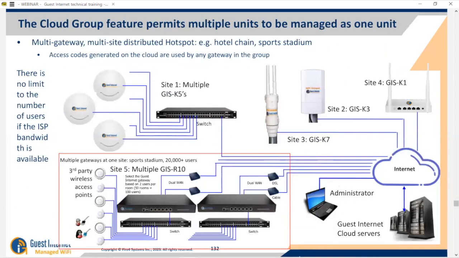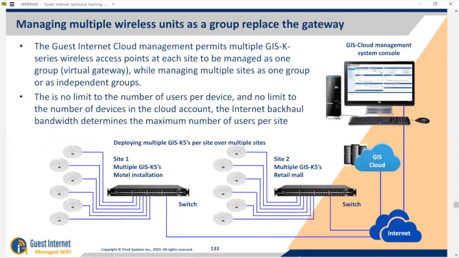Once the gateway is added to the cloud, they can be grouped, and so a business with multiple gateways can be managed centrally through one gateway page. It's possible to manage multiple wireless access points in one site as one gateway as part of a cloud group.